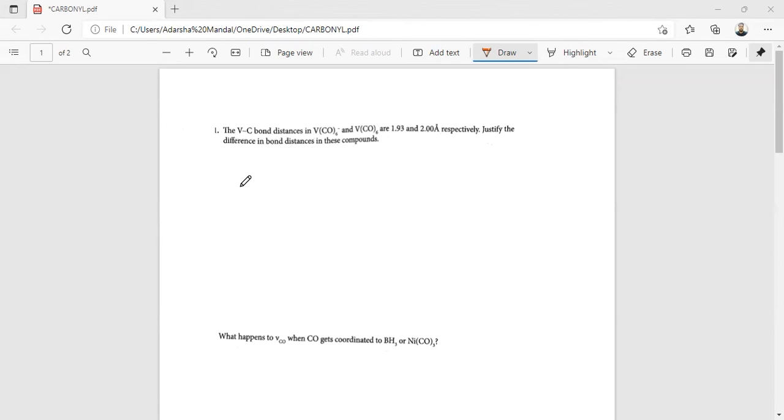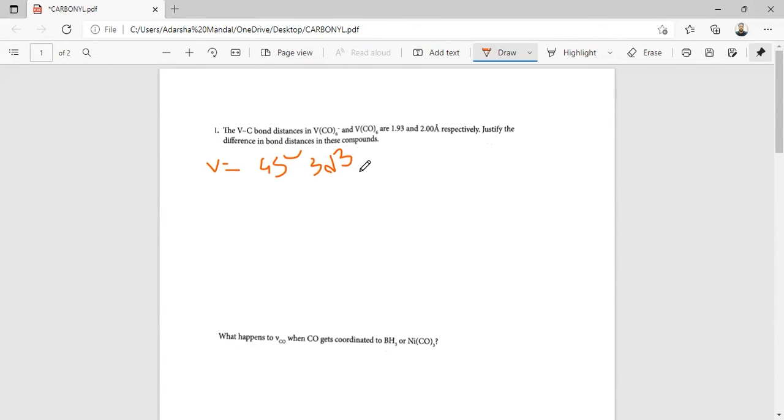So vanadium is a group 5 metal, so its electronic configuration is 4s2 3d3.